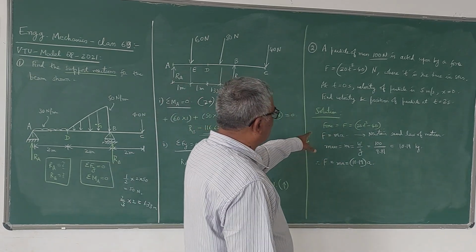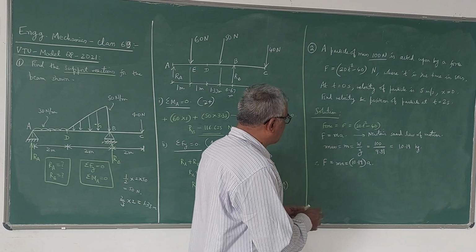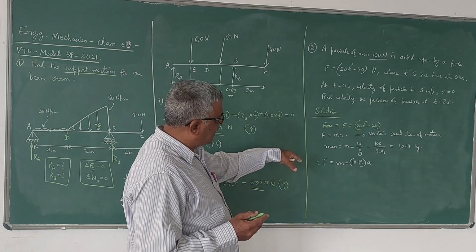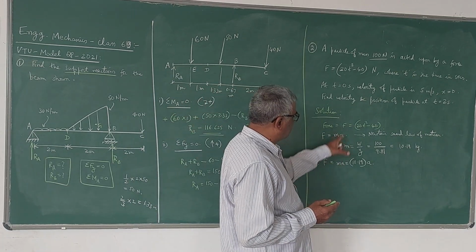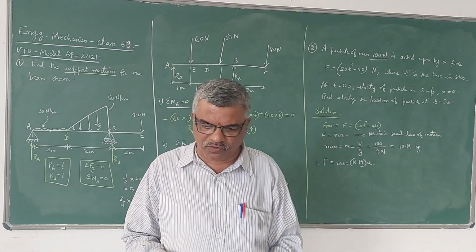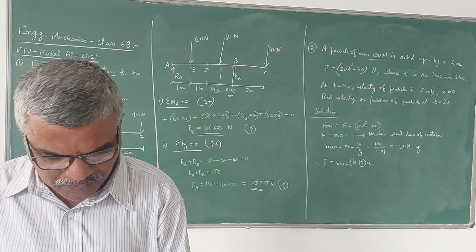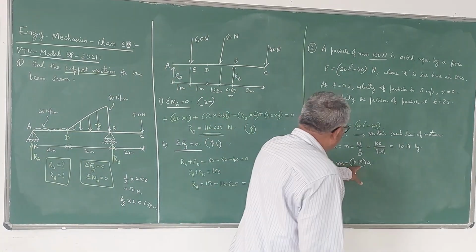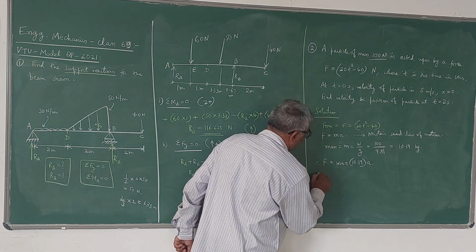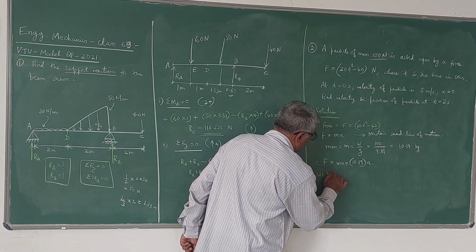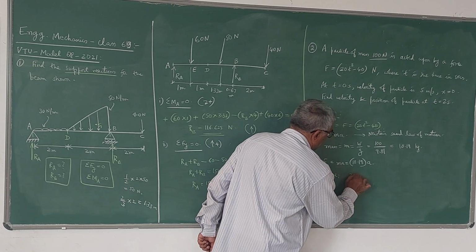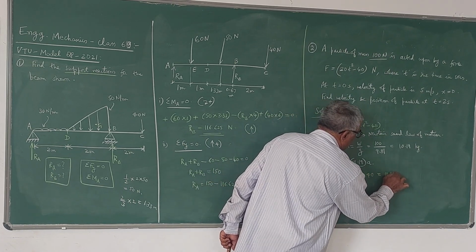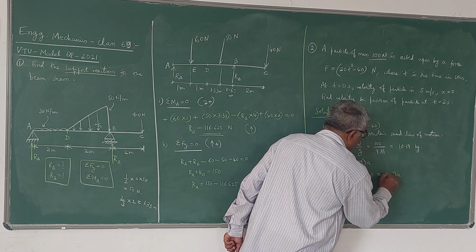But he has also given the relationship between F and t. So we can equate these two: 20t square minus 40 is equal to 10.19 times a. From this you can calculate a.